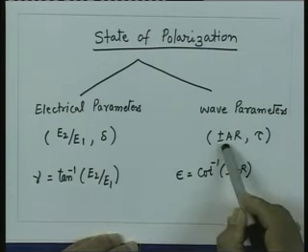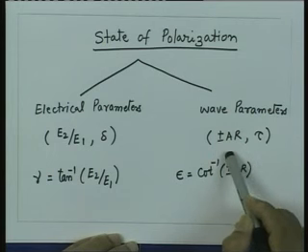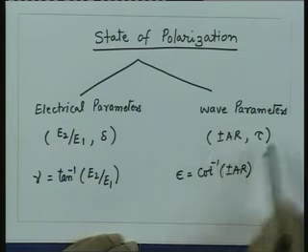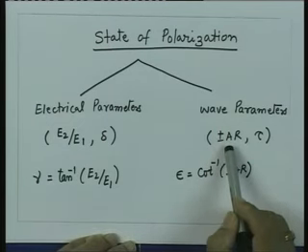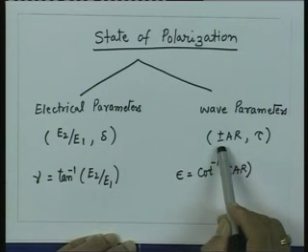We also saw that by assigning a sign to the axial ratio, one can account for the sense of rotation of the ellipse in general. If the sign is positive, then we say the sense of rotation is left handed. If the sign is negative, then we say the sense of rotation is right handed.